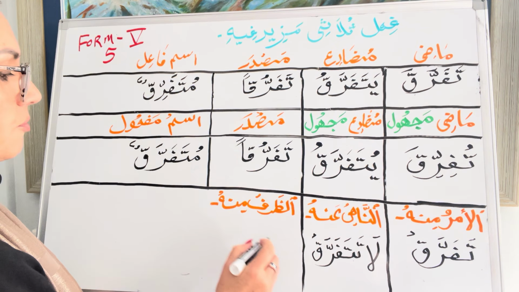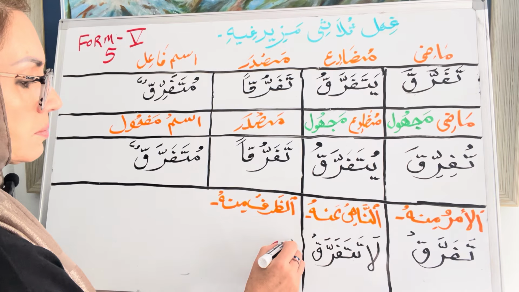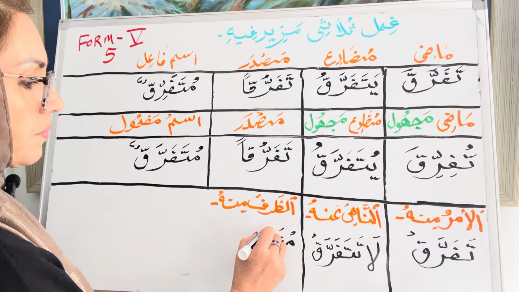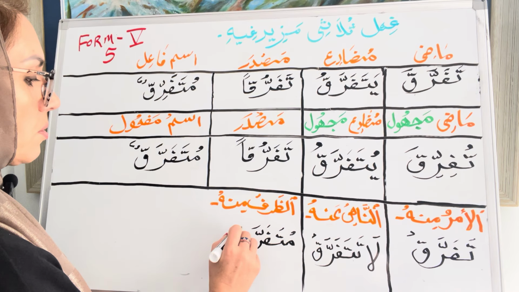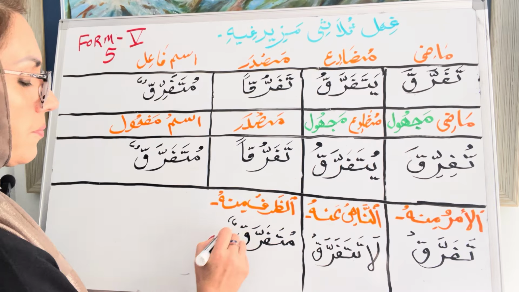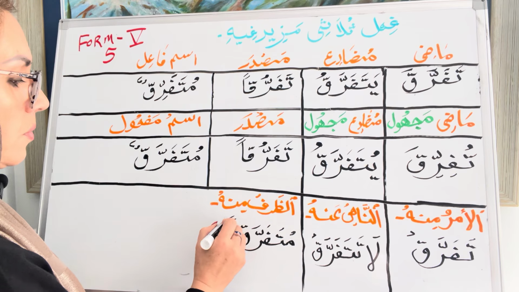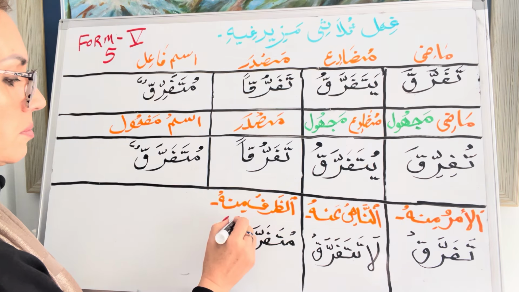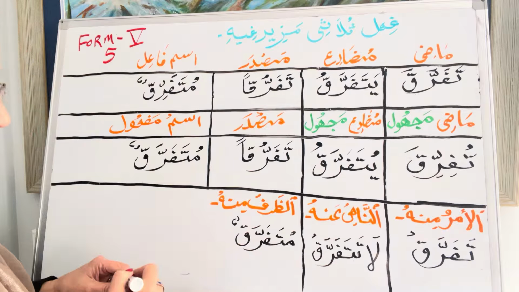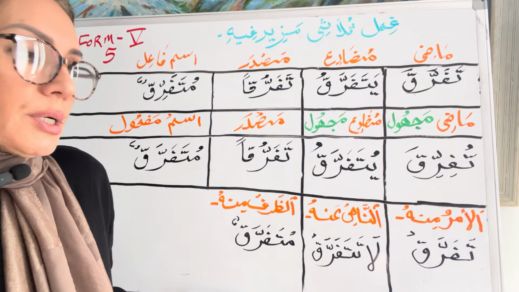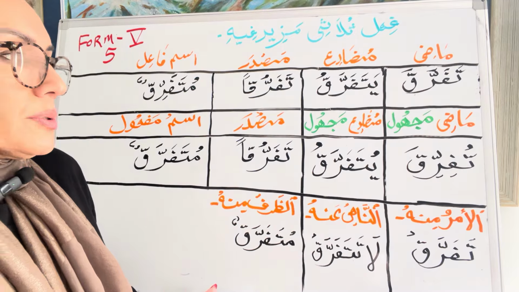Same thing as مفعول. Sorry, this shouldn't be here. Okay. متفرق. I know it's a little tongue twister, but you don't have to use this verb.